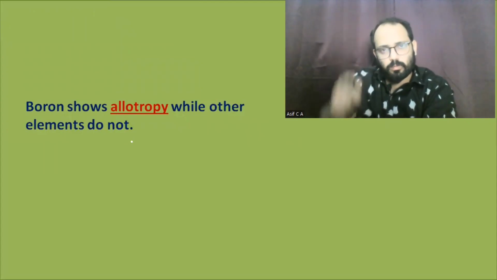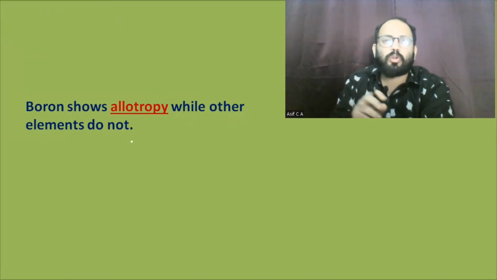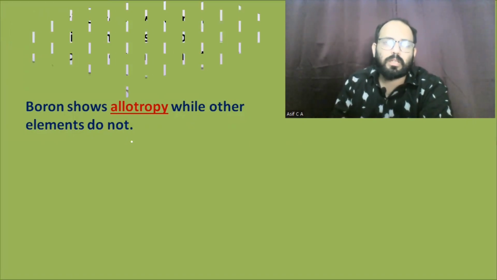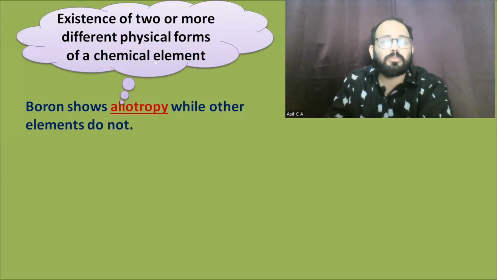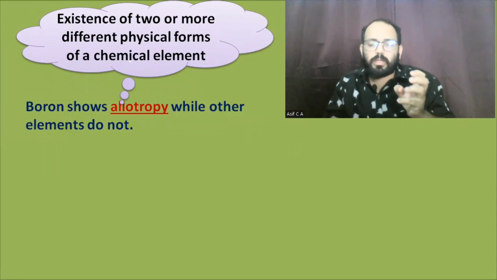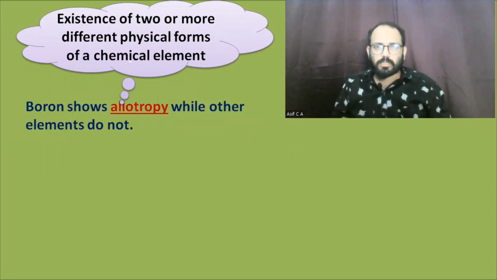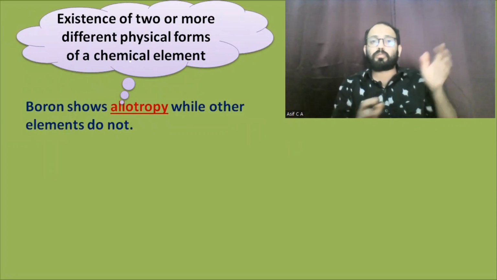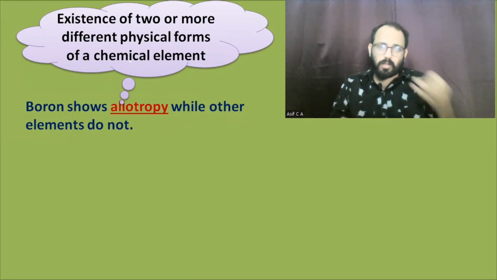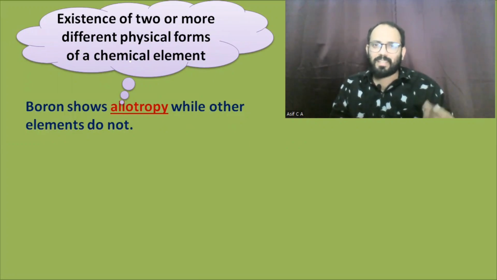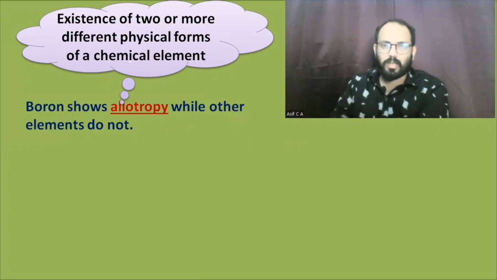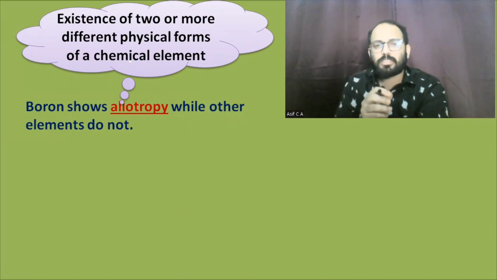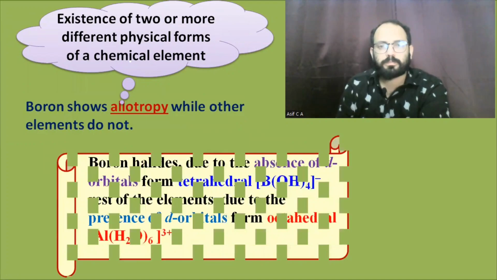In the group, only boron has the ability to form allotropes, the others do not. What is allotropy? Existence of two or more different physical forms of a chemical element. The important allotropes of carbon we have seen, diamond, graphite, fullerene. We will see the 14th group. Yes, but you already know, I know that. So allotropy is the existence of two or more different physical forms of a chemical element.